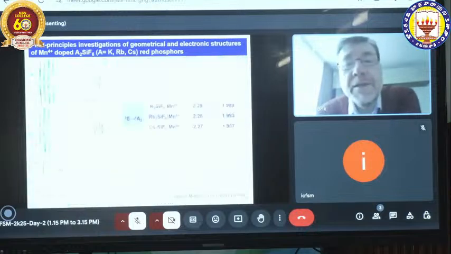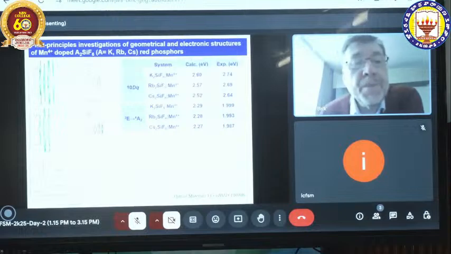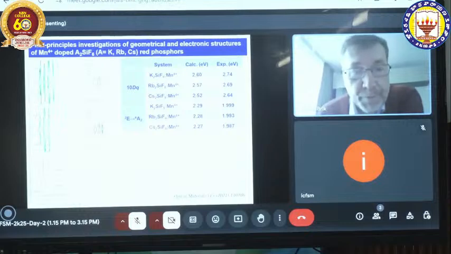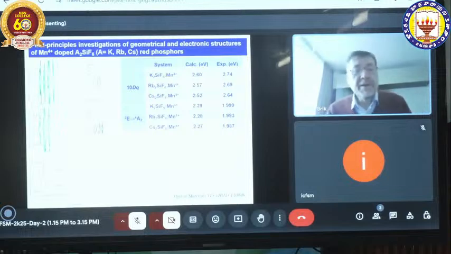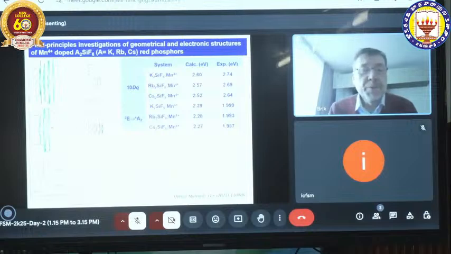But the point is, if you look at the density of states diagrams, for the pure material we have nothing in the band gap. But for manganese 4+ ions you have extra states in the band gap, which are again T2g and Eg states spin up, and T2g, Eg states spin down.